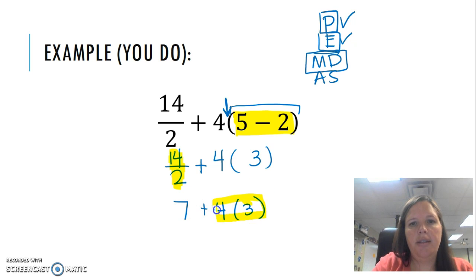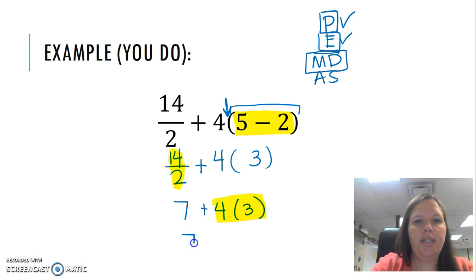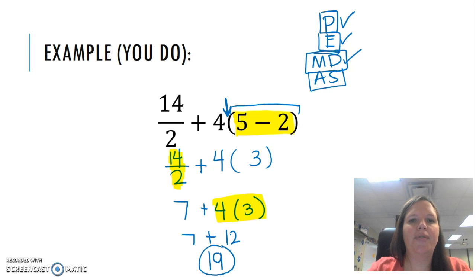Well, this parentheses tells me that 4 and 3 are going to be multiplied. So I have 7 plus 4 and 3 gives me 12. So that's all my multiplication or division. My last step is to look at addition and subtraction, and that's the last operation I have. And oh, my answer happens to be, again, a 19.